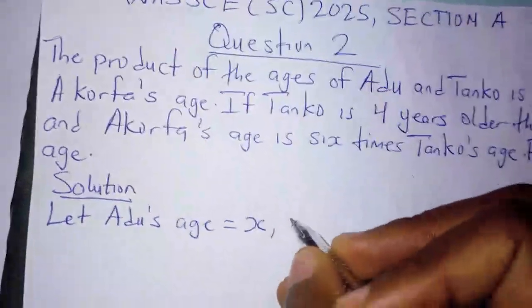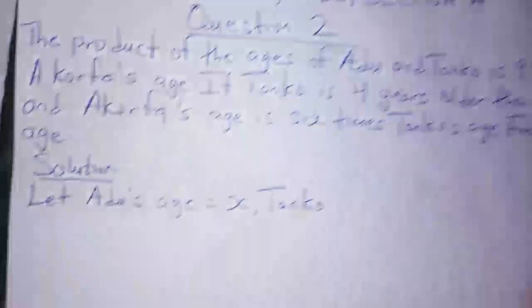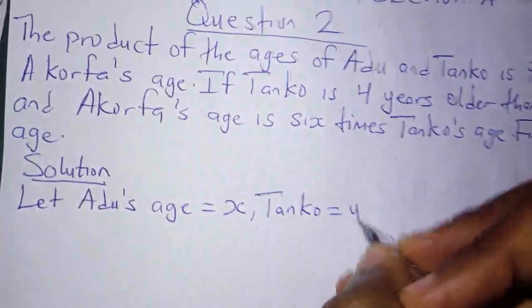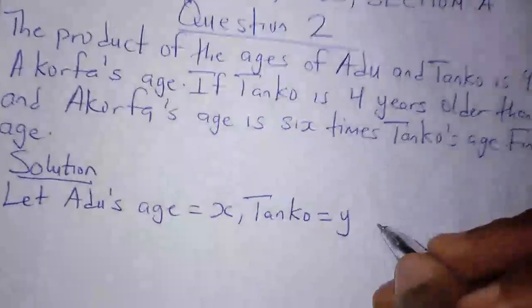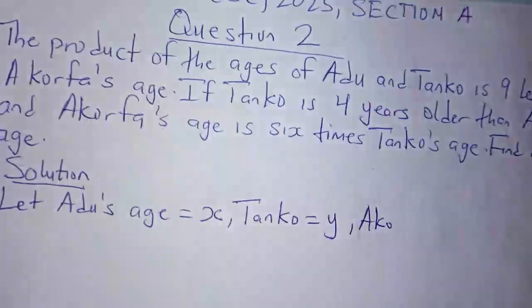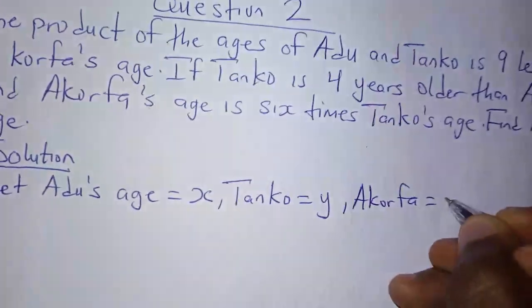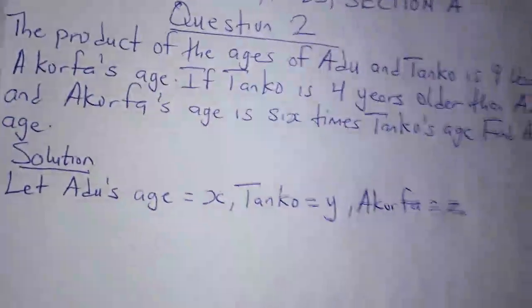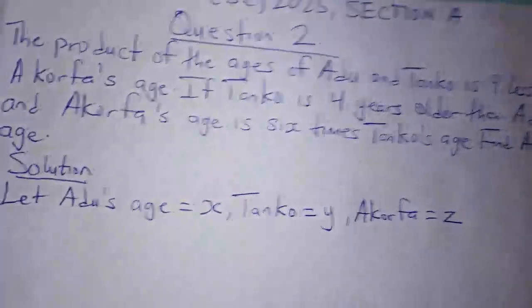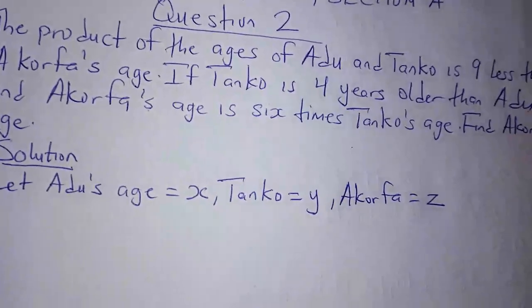Then let Tanko's age be equal to y. And who is the third person? Akofa. Let Akofa's age be z. If you like using letters you like, it's fine. A, B, C, whatever. So I'm using X, Y, Z to represent the three ages.